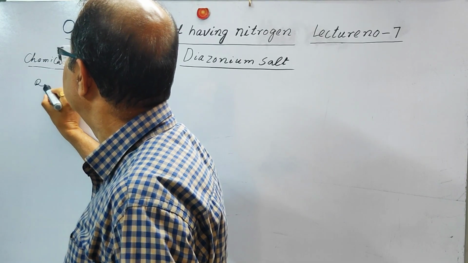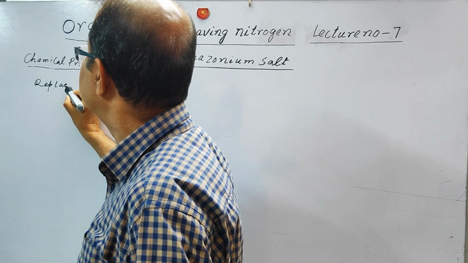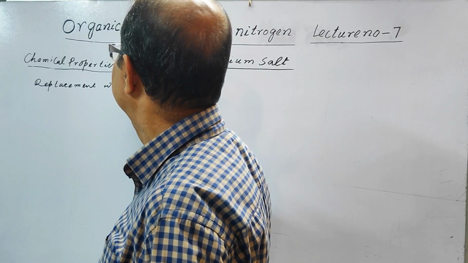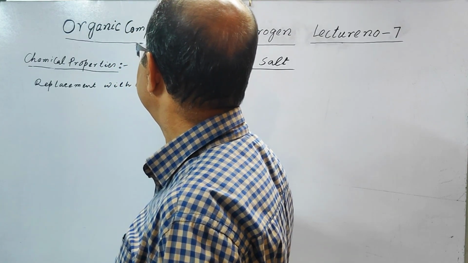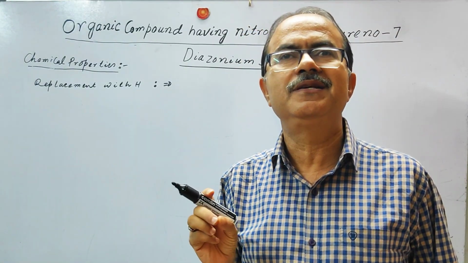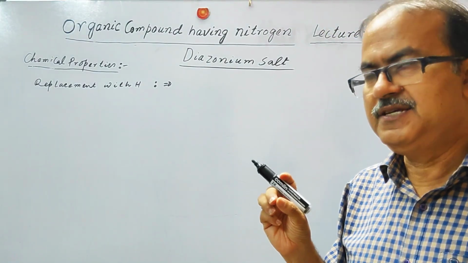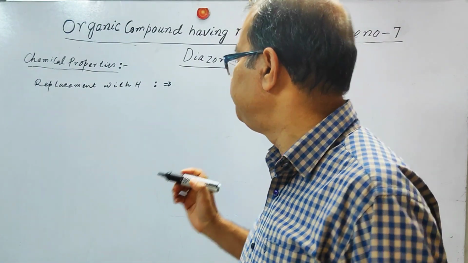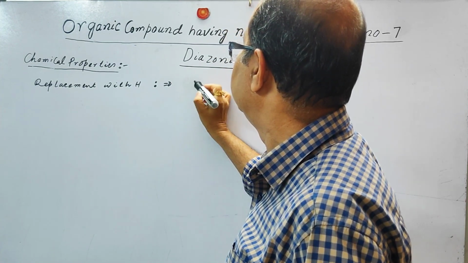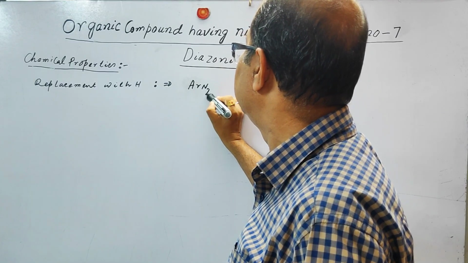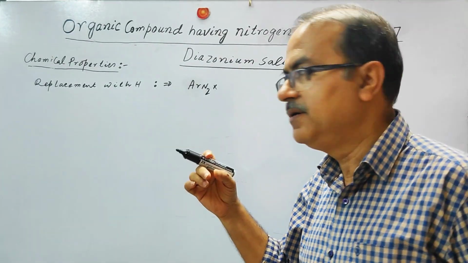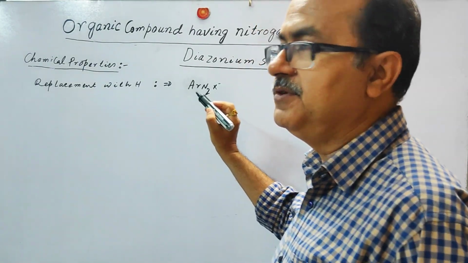Now replacement with hydrogen. In this case, the reaction is carried out in the presence of a very mild reducing agent, that is hypophosphorus acid or ethanol. Ar stands for the aryl group, the benzene ring, in the general form.